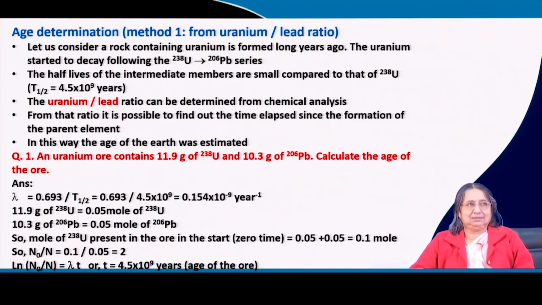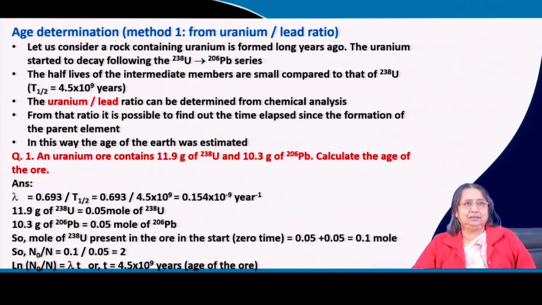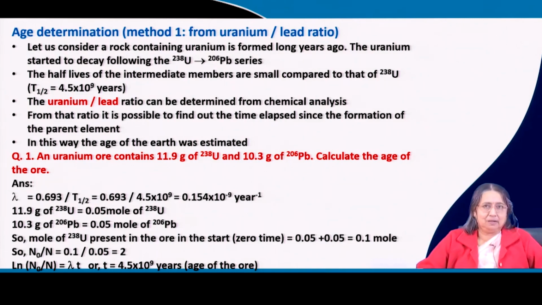In a clock, what we see is time, and here also you are seeing how much time has gone. So it is called geological clocks, and the topic title is age of the earth, but basically you are determining the age of the earth via the age of the rock. If you think the rock was produced at the beginning of the earth, then you can tell that it is the same.